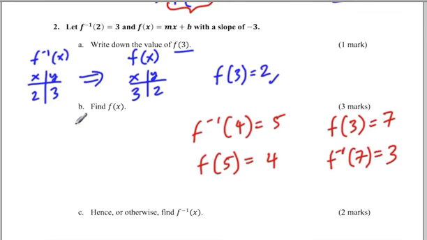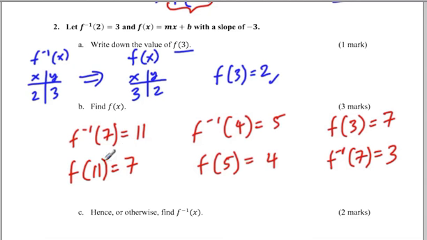They simply switch. So let's do one last example. If I do f inverse of 7 is equal to 11, what is f of 11? It must equal 7. And that's exactly it. So you're simply switching the x and y's, and that's what the inverses are doing.